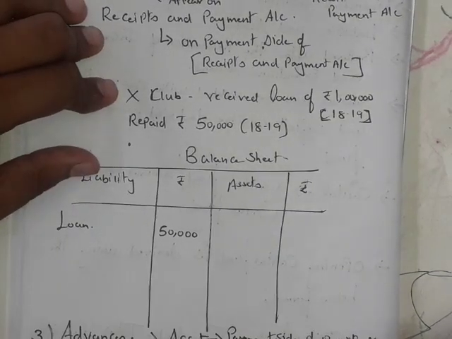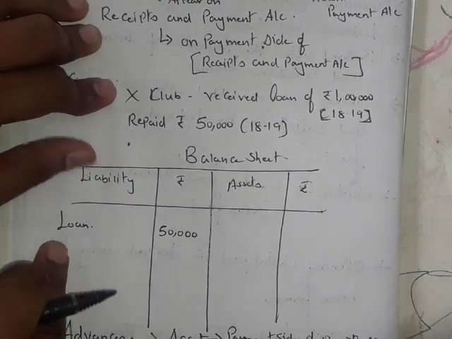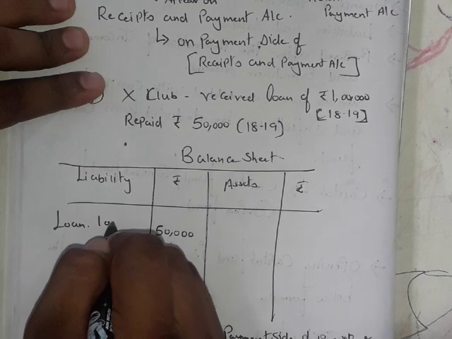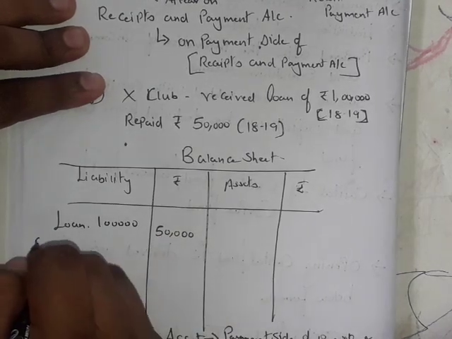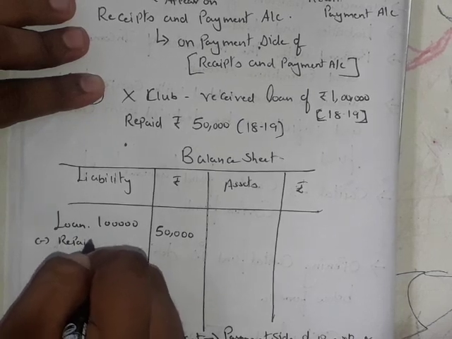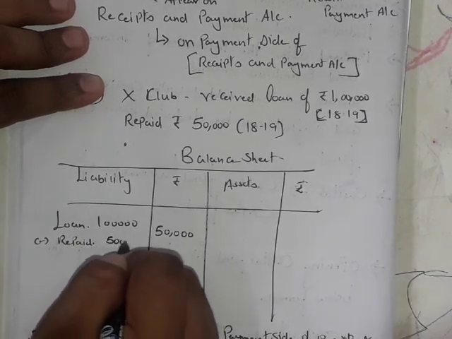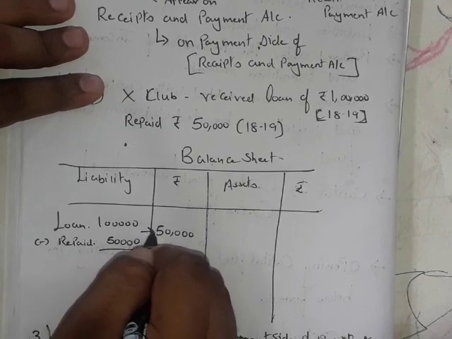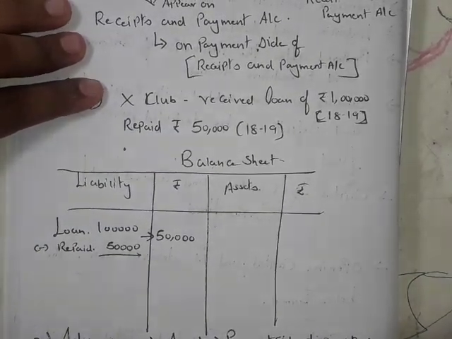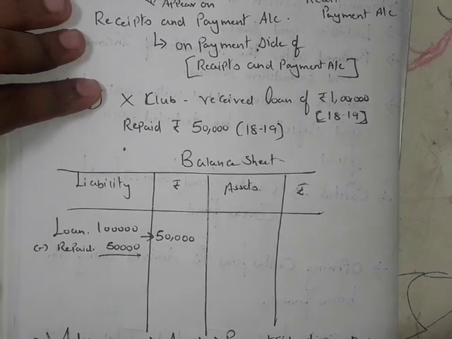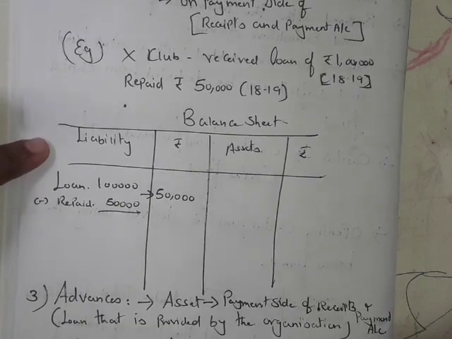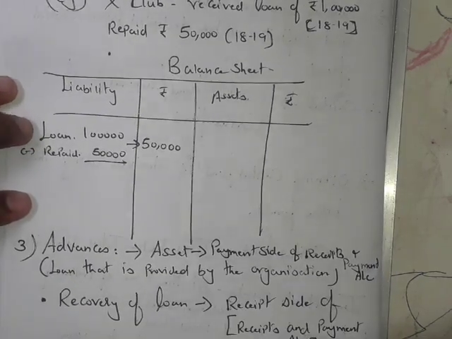So I can even show it another way: in the inner column you will show the loan as 1 lakh, less repaid 50,000, that will give you this 50,000. Able to understand? Right. Now, the third important point to be kept in mind is advances.